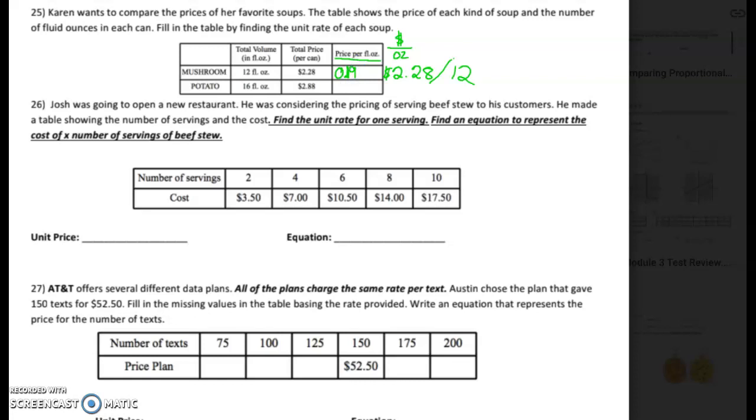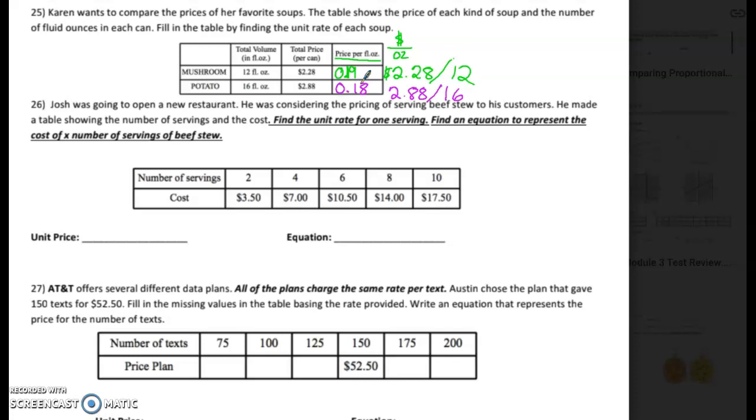And then when we look at the potato soup, we have $2.88 per 16 ounces. We do 288 divided by 16, and that means it is 18 cents per fluid ounce. It didn't ask us, but if we want to know which one was cheaper per fluid ounce, the potato soup would actually be the cheaper.